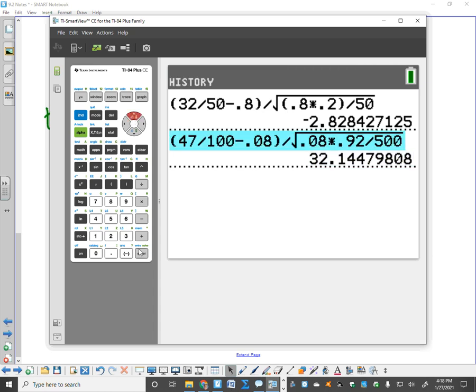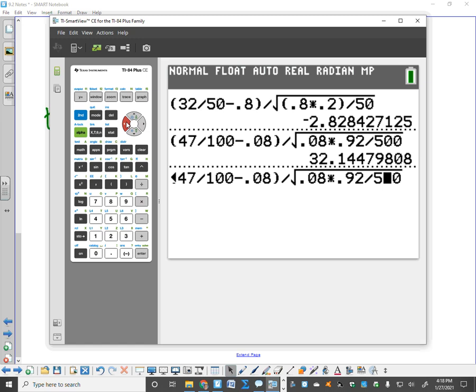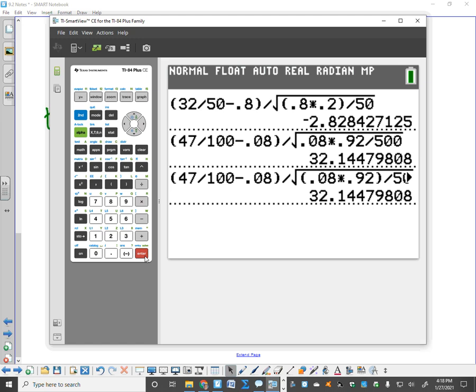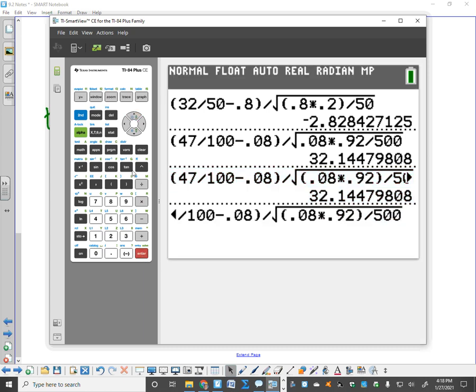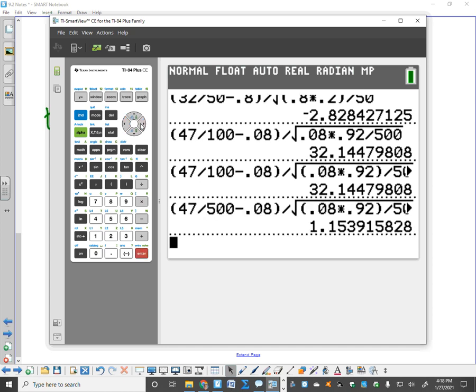Maybe you do need parentheses. Let me see if I put parentheses in here if it makes a difference. Nope. What am I doing wrong? Oh, I did add a 100. I bet y'all are just fussing at me. All right, here we go. Let's go back in here and make this a 500 and not a 100. And that makes a heck of a difference.